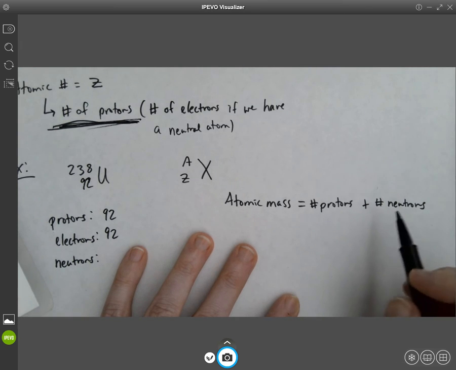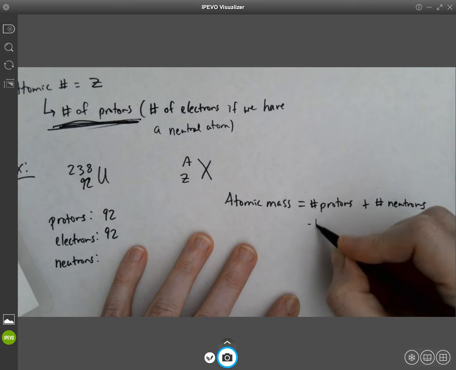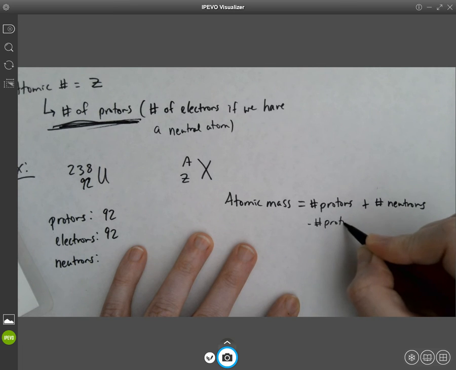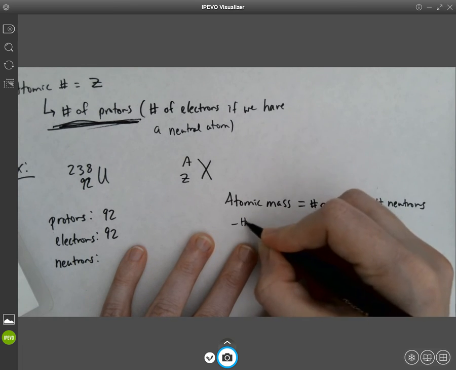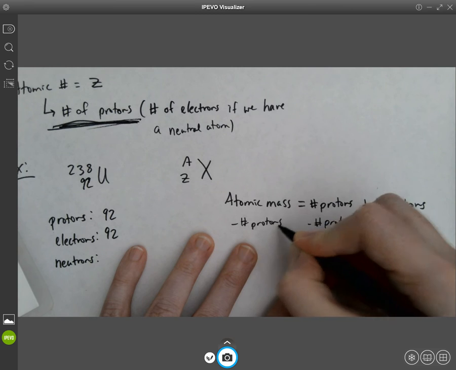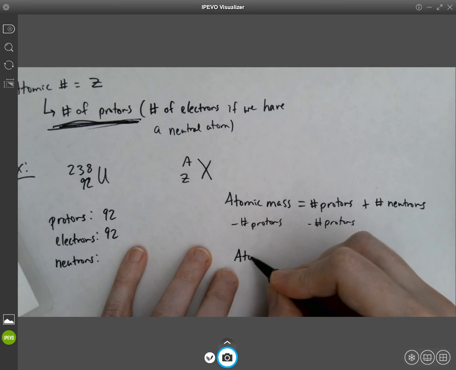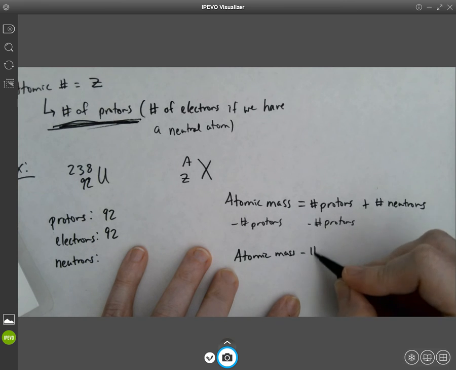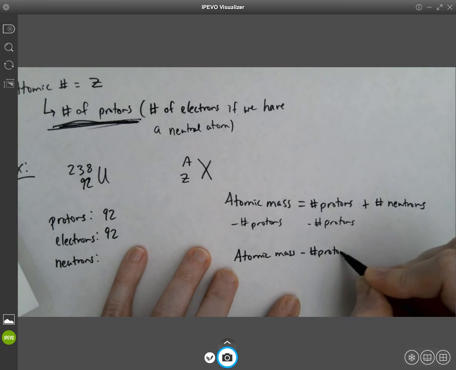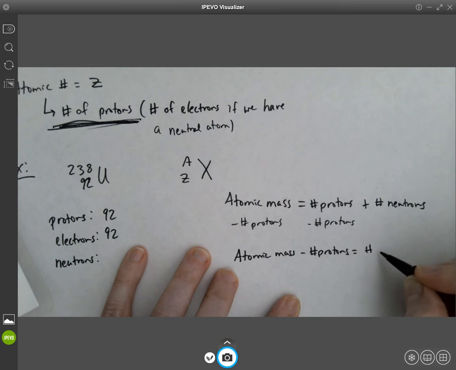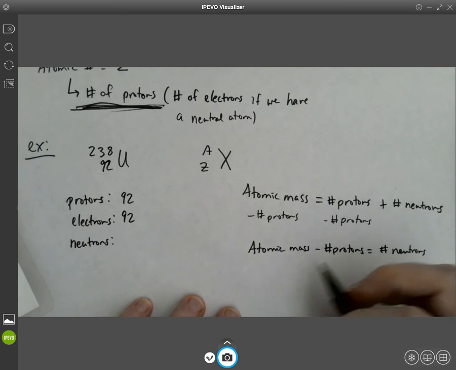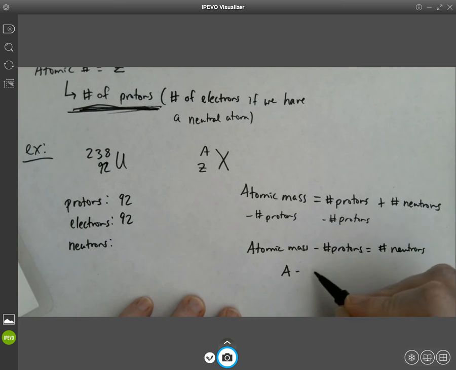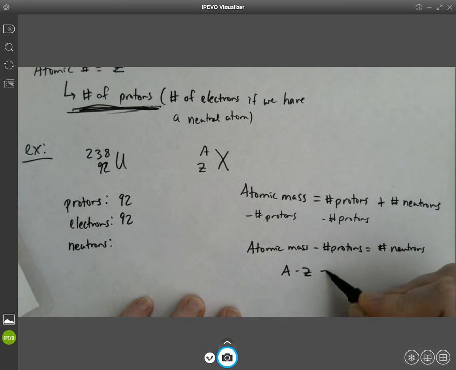So to find the number of neutrons, we're going to subtract the number of protons from both sides. So really, we're looking at the atomic mass minus the number of protons, which equals the number of neutrons. Or, in essence, we have A minus Z gives us our neutrons.